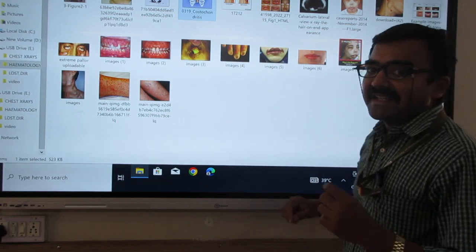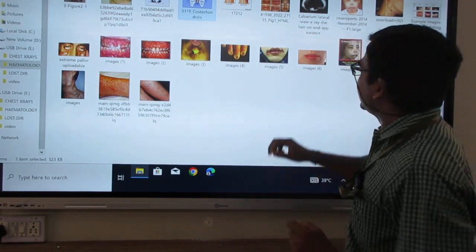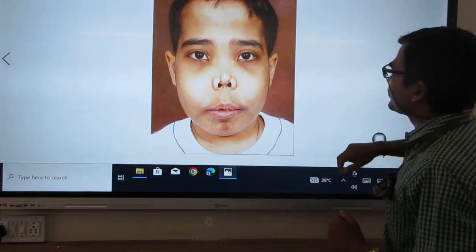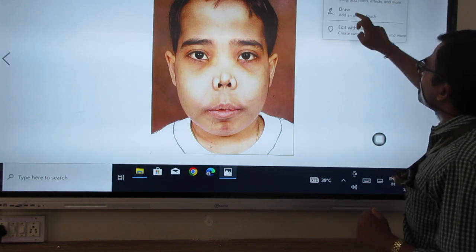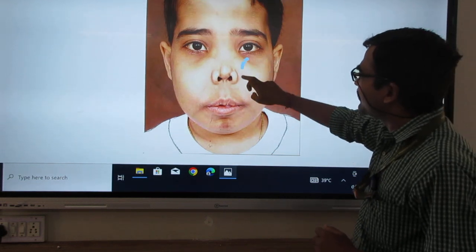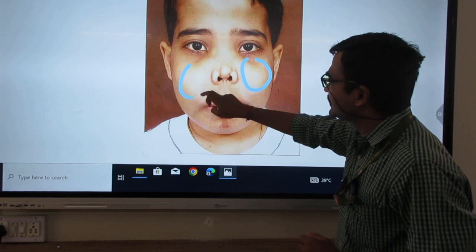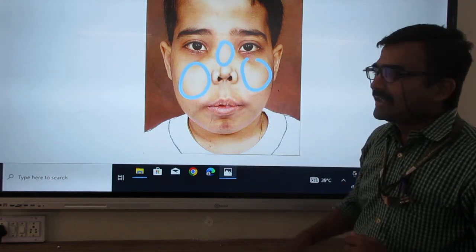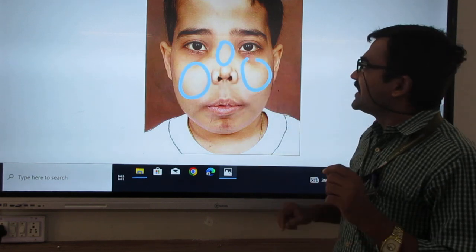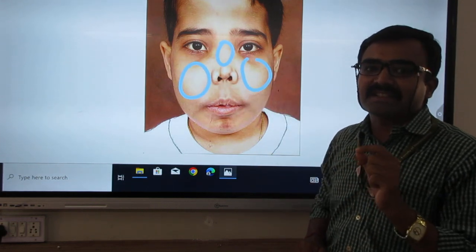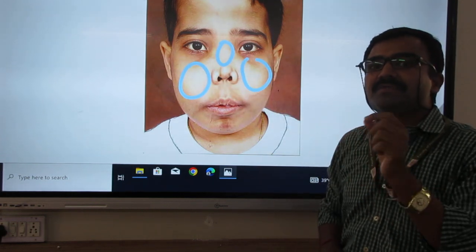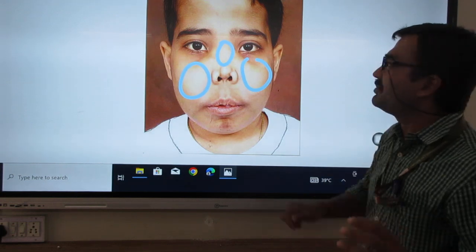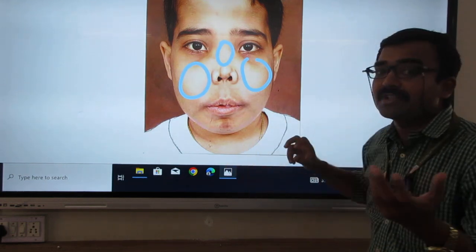Coming to the characteristic chipmunk faces, look at this boy and see his enlarged maxilla, enlargement of the maxillary bone, and depression of the bridge of the nose. All of this is peculiar to chipmunk faces. Why is it called chipmunk?